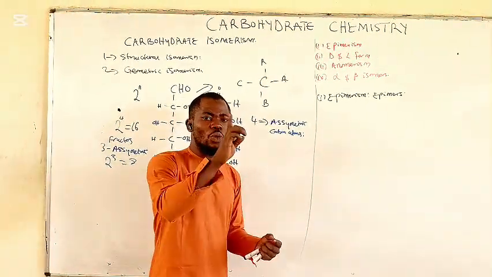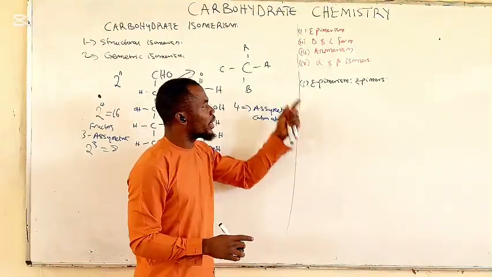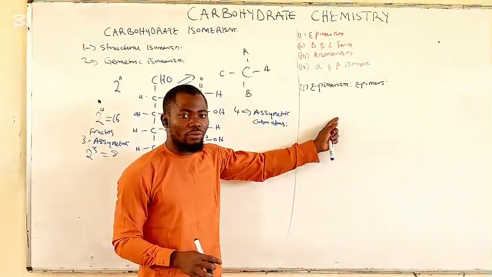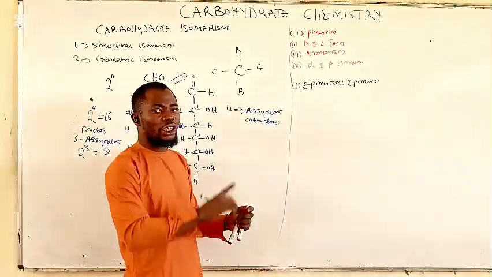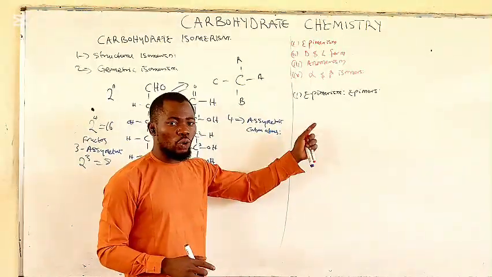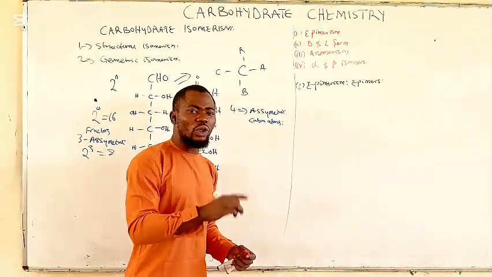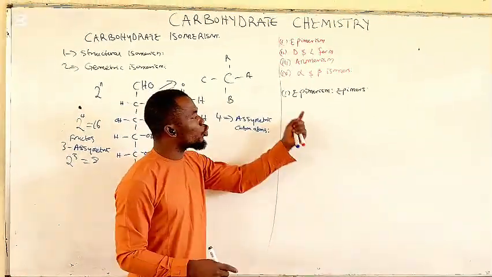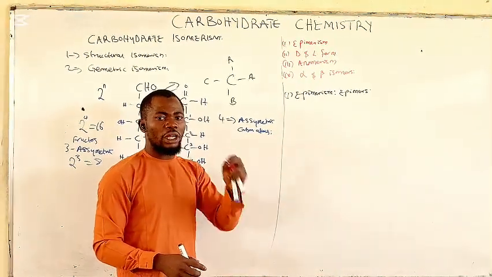Epimers are usually derived in respect to glucose. For example, galactose and mannose are epimers of glucose at carbon 4 and carbon 2 respectively.